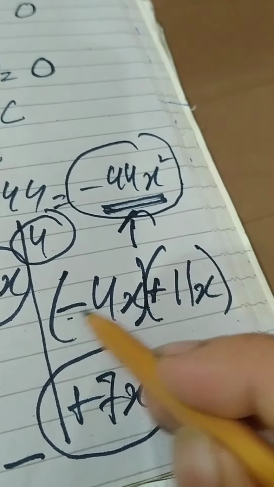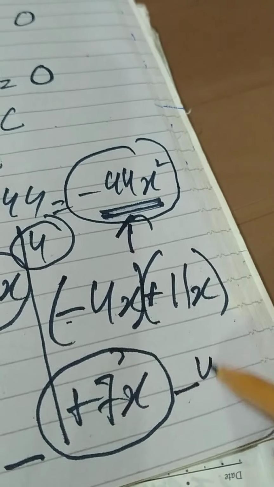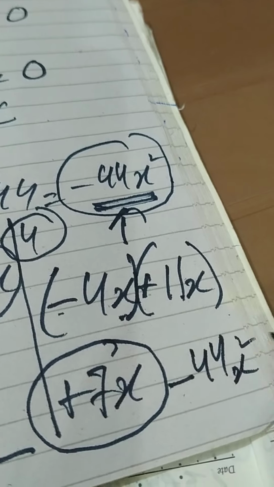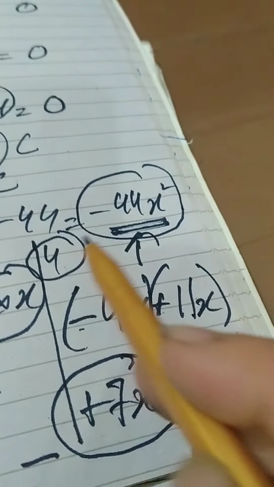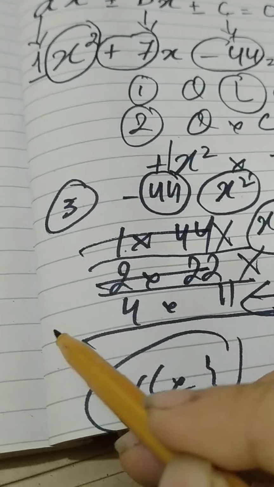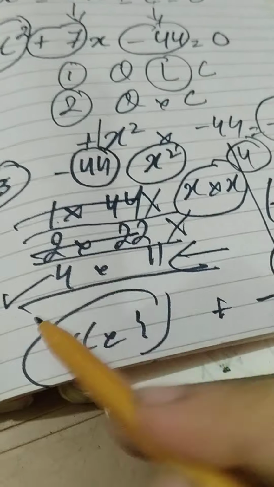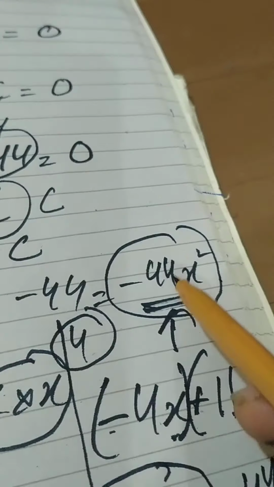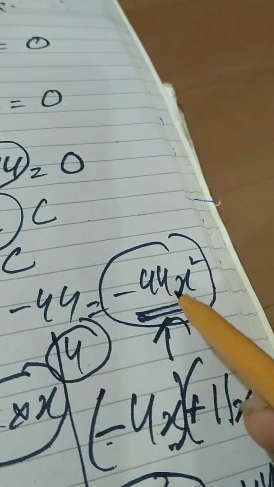Minus plus minus, 4 11s are 44, x multiplied by x is x squared. So remember, in step number 4 we need two things. With the help of this pair, by addition or subtraction, we will make this, and by multiplication, we will make this minus 44 x square. So yes, we get both things.